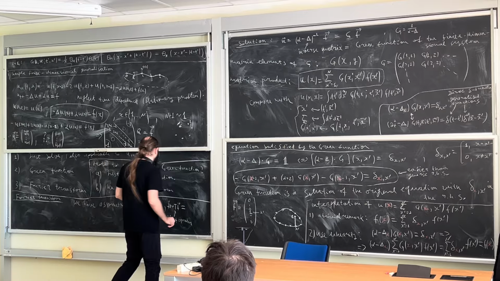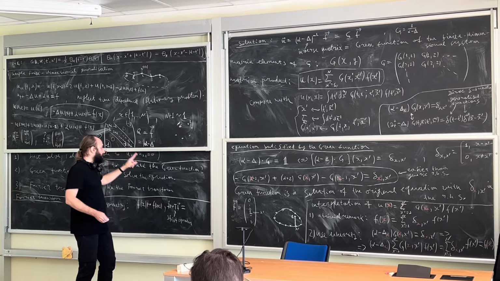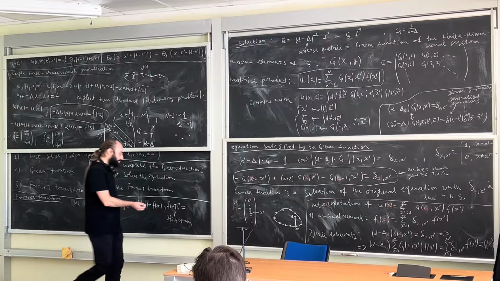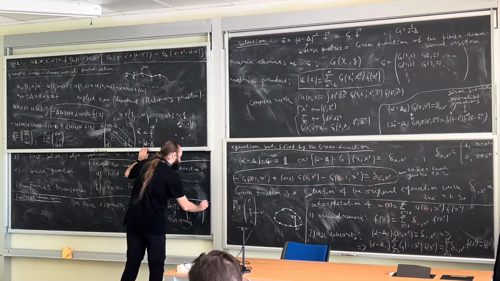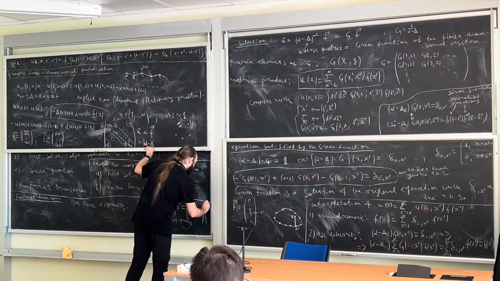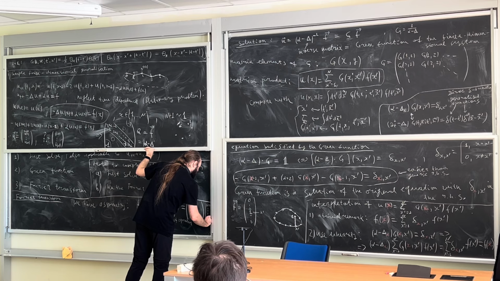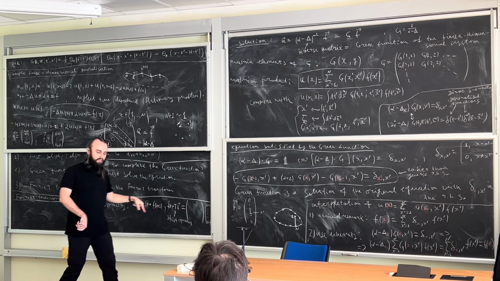Which is written explicitly as, so tell me what matrix should we write here to get this mapping?